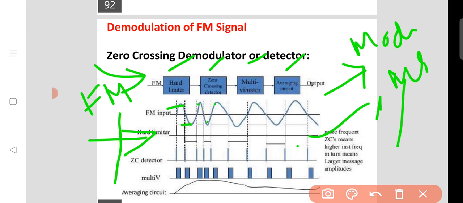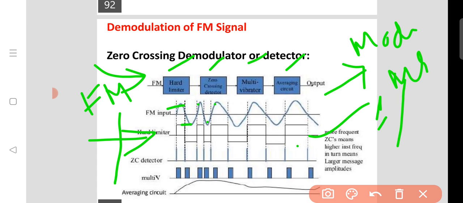Okay, then this signal is further fed to the zero crossing detector. This zero crossing detector consists of a differentiator circuit. It is a differentiator circuit, so it differentiates the input signal, then produces spikes.